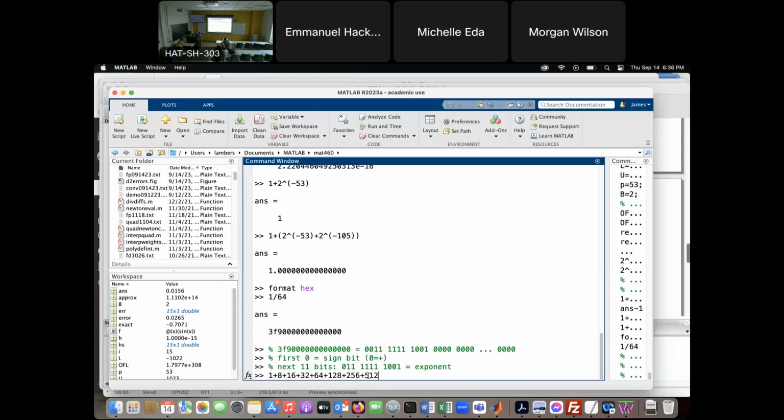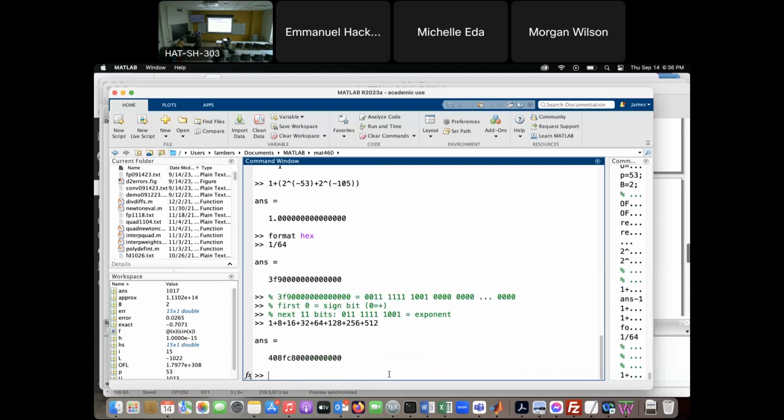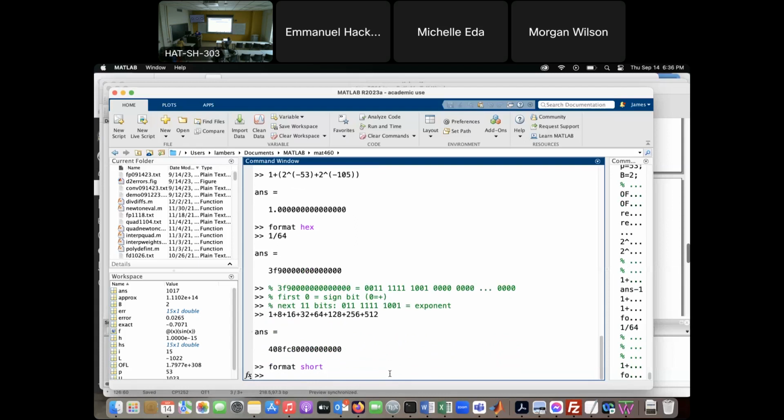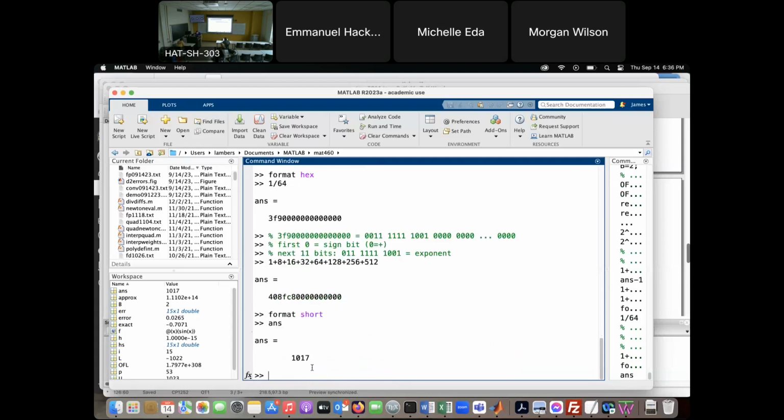All these numbers added together correspond to the powers of 2 that have a non-zero digit. I have MATLAB add them all together for me, and, whoops, that didn't help me at all. Convert back to format short to actually see what this number is: 1017. This value, minus 1023 to get the exponent, E, is equal to minus 6.